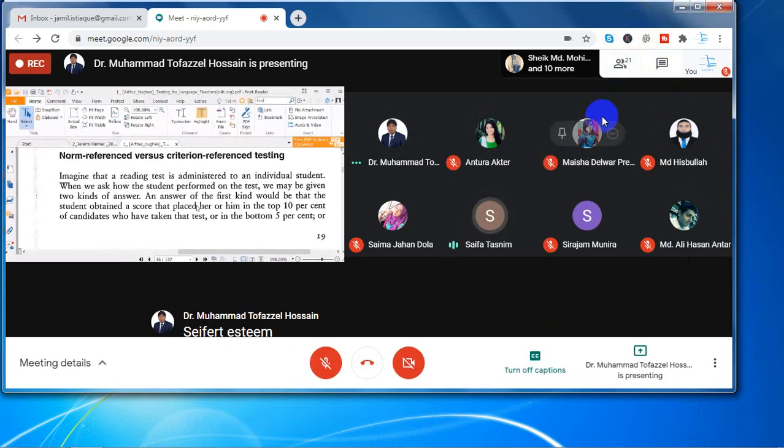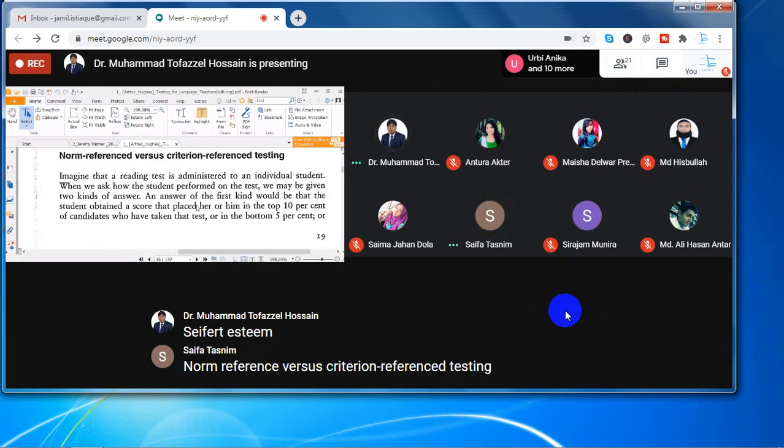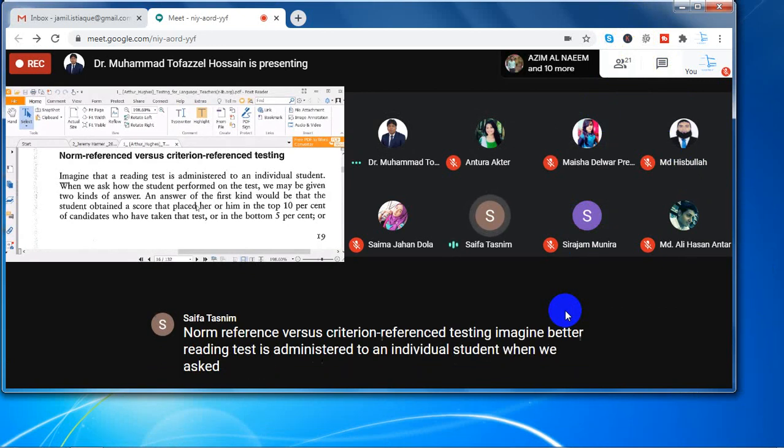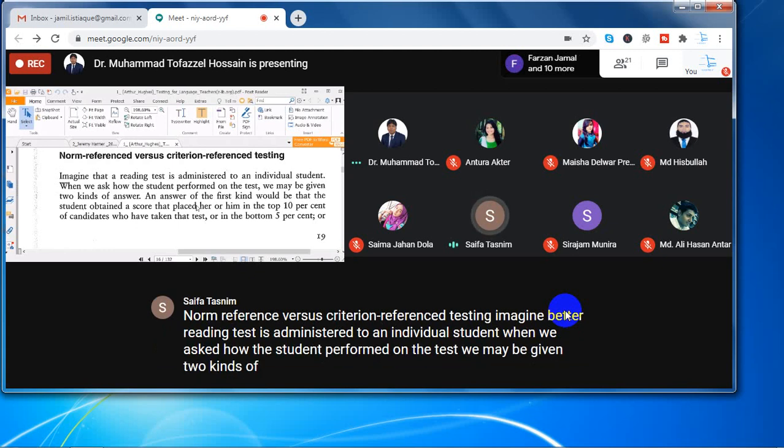Norm reference versus criterion reference testing. Imagine that a reading test is administered to an individual student. When we ask how the student performed on the test, we may be given two kinds of answer.